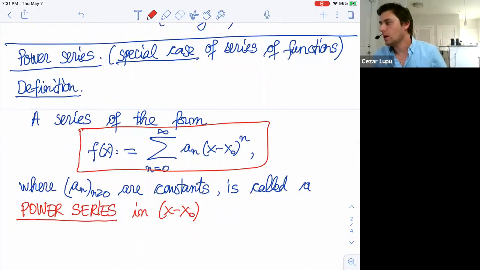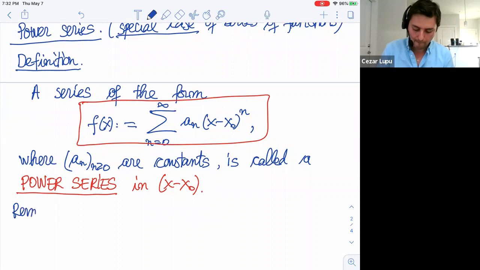Usually, when we talk about power series, it's centered around the point x naught equals 0.